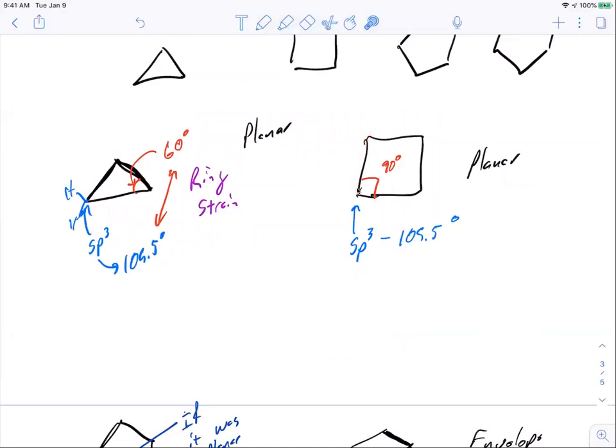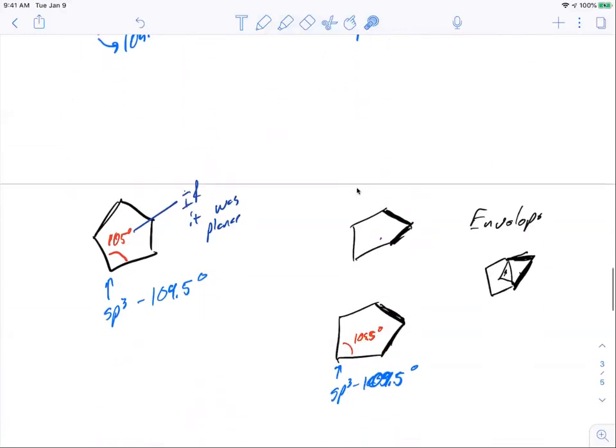If we think about this carbon and that carbon, they're eclipsed. But when we get down here, we're starting to get 109.5, but we still have some near eclipsed hydrogens. We don't have staggered hydrogens. So we're not getting enough bending in that ring to get both a 109.5 degree angle and fully staggered hydrogens.